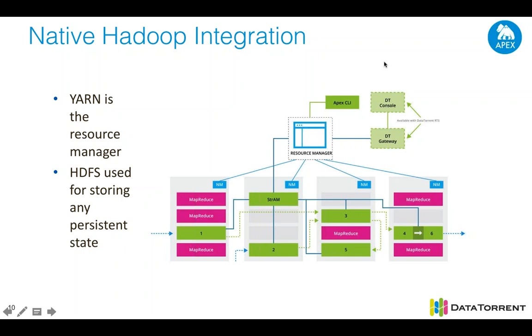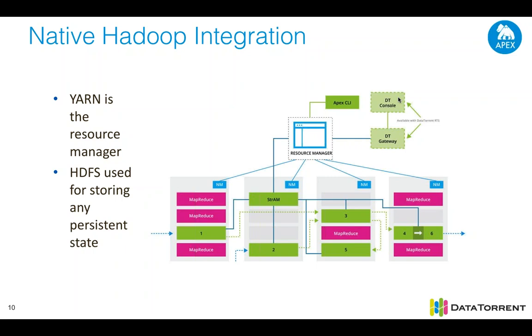So let's see how a running application built on top of Apex would look on your cluster. Here's a sample topology: you have one resource manager from Hadoop, and you have 4 worker nodes, let's say, running node managers.